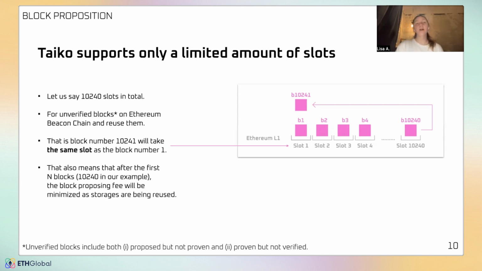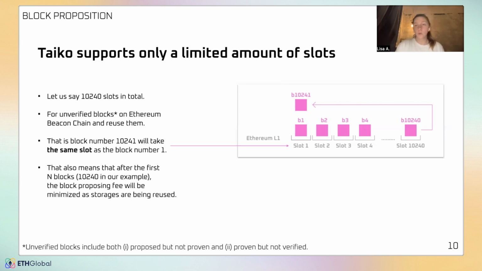Let's suggest we have 10,240 slots, and we use that. That is, block number 10,240 takes the slot 10,240, and after that, block number 10,241 takes the first slot, the same slot that the first block took.